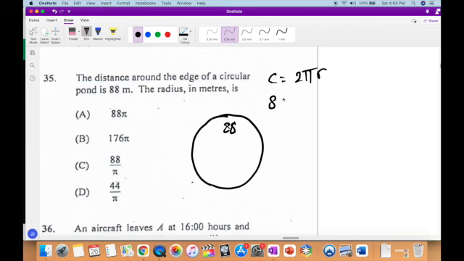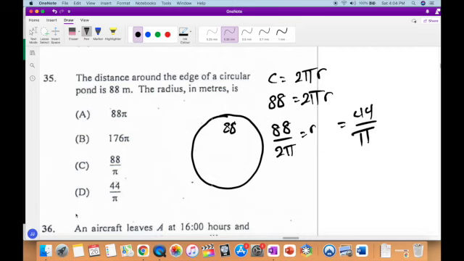The circumference is 88. So therefore the radius is 88 all over 2 pi. That is the radius, which is 44 over pi. Which you see in here, D. The radius in meters is 44 over pi.